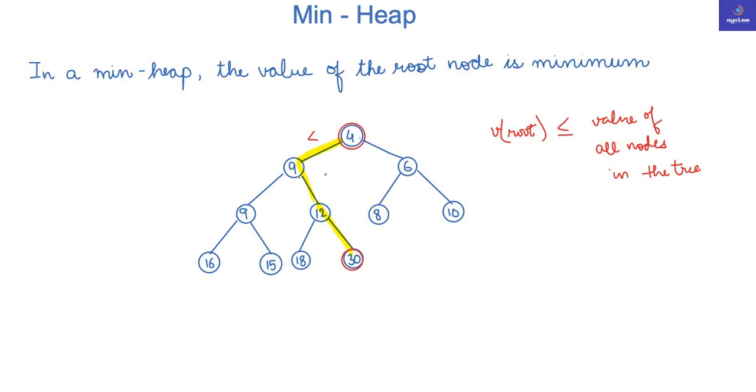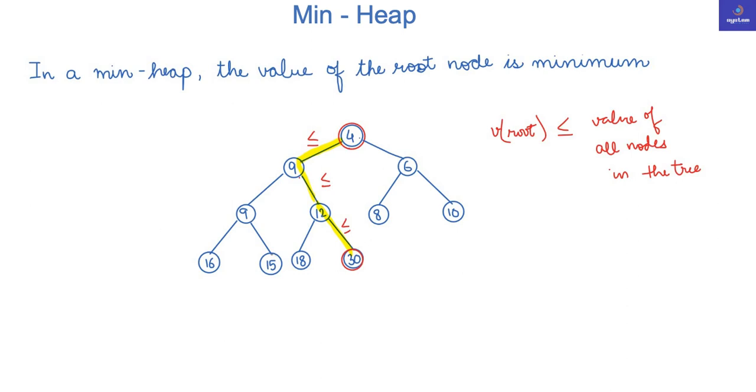The value of 9 is less than or equal to 12 and the value of 12 is less than 30. So if we go along this path, the value of the nodes will keep increasing. Thus, along this path, the start of the path, which is 4, the root node, has the minimum value. And this is true for all the nodes in the tree.